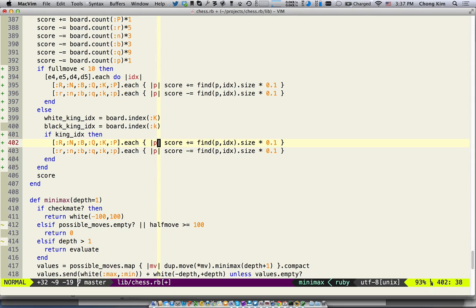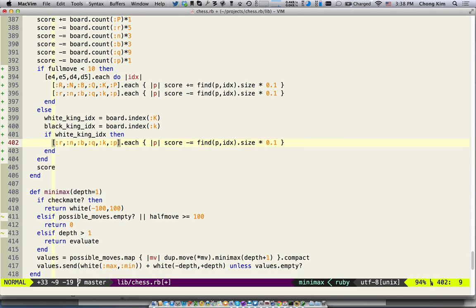All right, so if white king index, then we're going to do this. Okay, find a piece that can hit the white king index, but it should be the black pieces. So it should be: find the piece that can hit white king index.